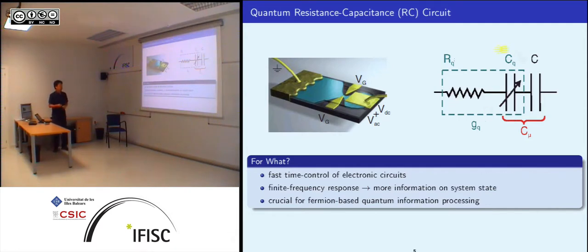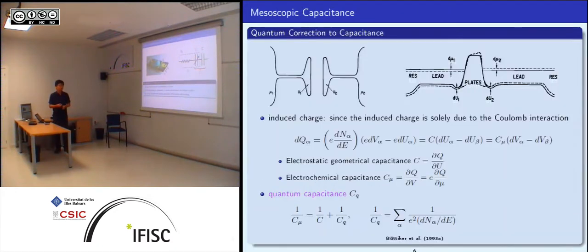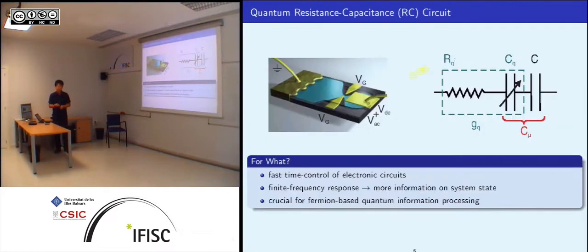By predicting the reaction time of this circuit, we can know the limitation on our implementation of this kind of circuit. And more interestingly, by studying the finite frequency response of this system, we can extract more information about these systems, especially their many-body effects.